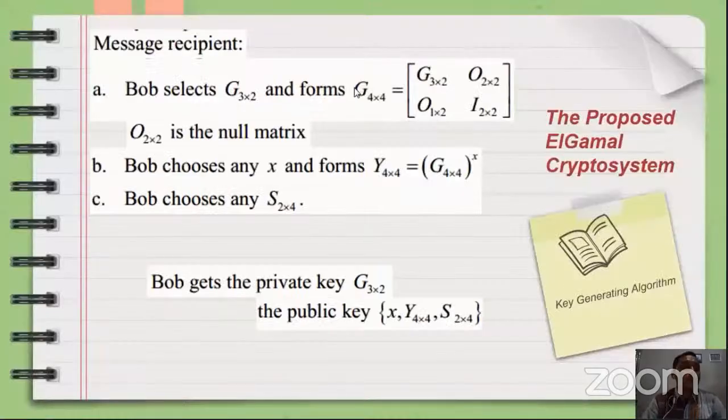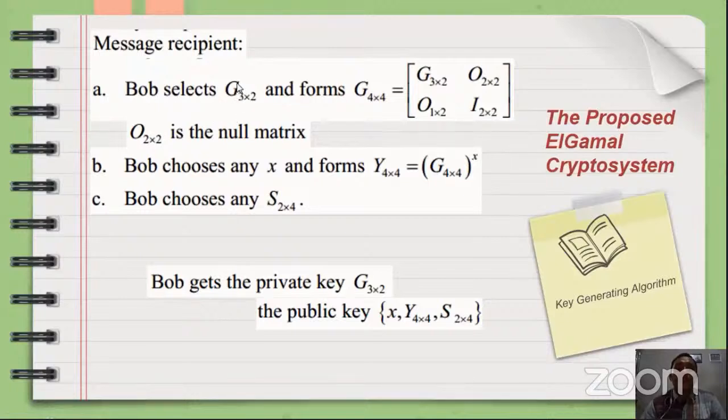Okay, in the proposed algorithmic crypto system, the algorithm starts in the message recipient. For example, we have Bob and Alice.